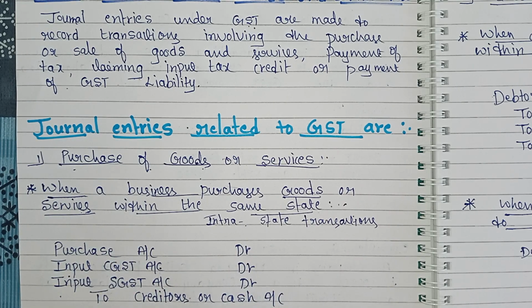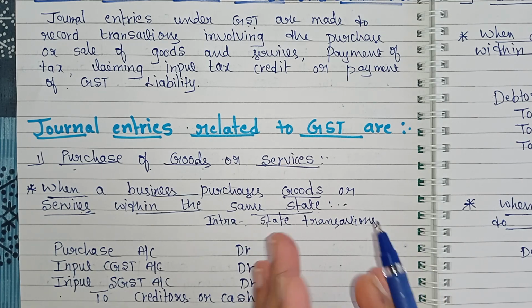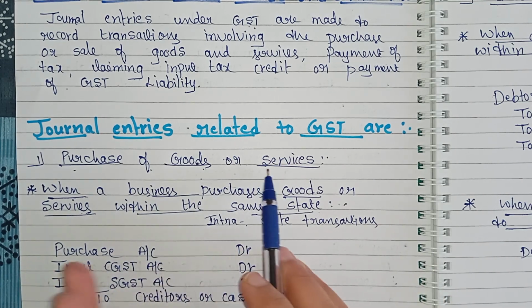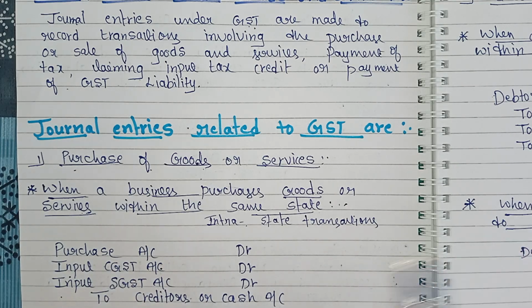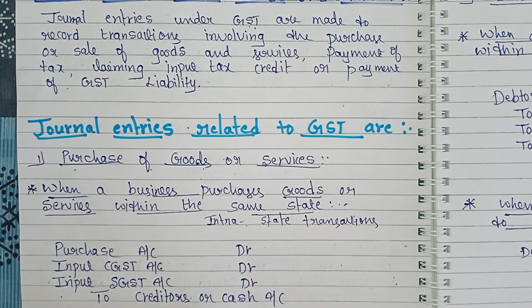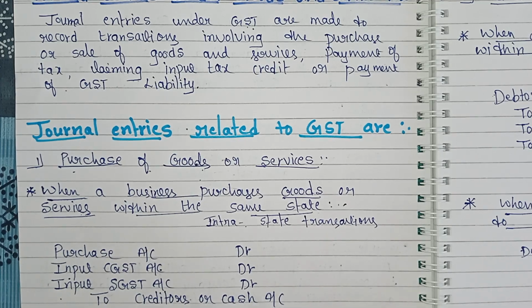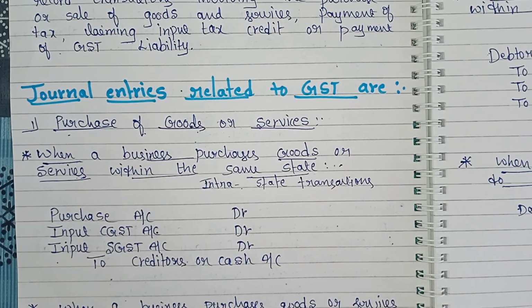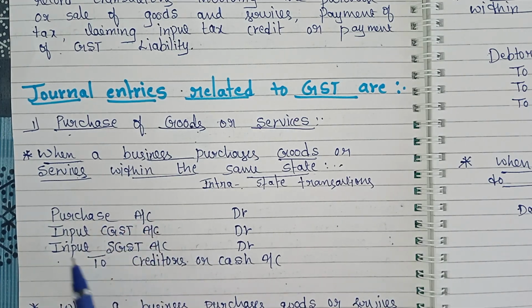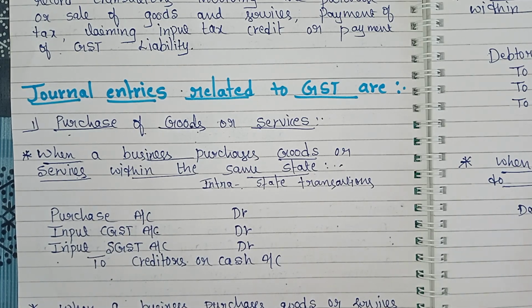The journal entry for purchase of goods or services without GST is purchase account debit to creditors or cash account. But under GST, the entry is purchase account debit, input CGST, CGST means Central Goods and Service Tax, and input SGST account debit, SGST means State Goods and Service Tax, to creditors or cash account.